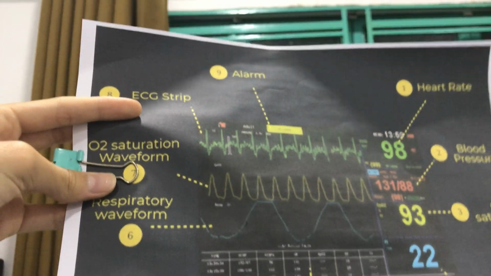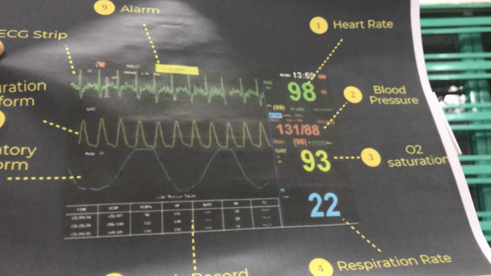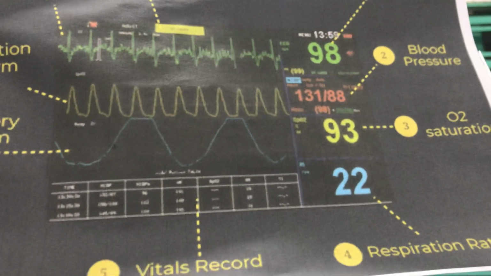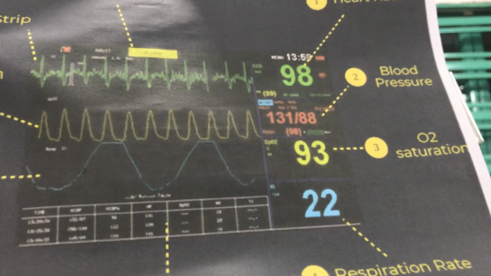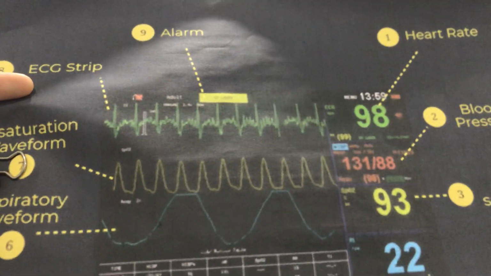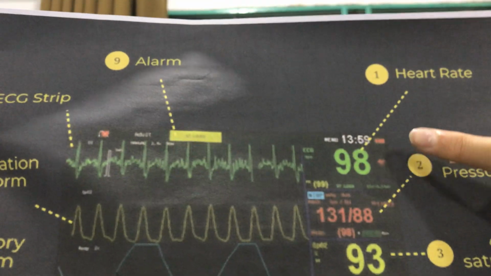The heart rate is usually measured in BPM, beats per minute, and normal ranges typically fall between 60 to 100 beats per minute for resting adults. As you can see, this number 98 here is the heart rate.